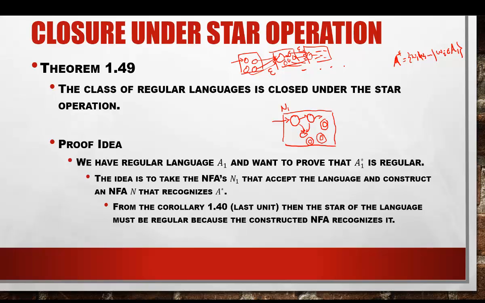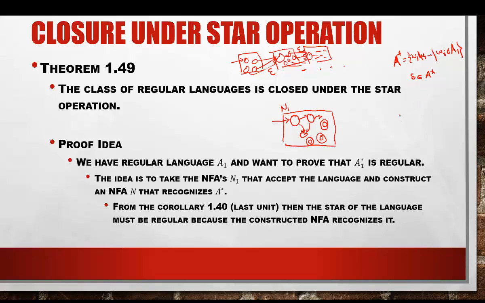Now if we want to create a language that accepts the concatenations of its own strings, the idea would be to take each of these accept states and plug them back into the original start state. Since epsilon also belongs to A star, we also want to accept the empty string.